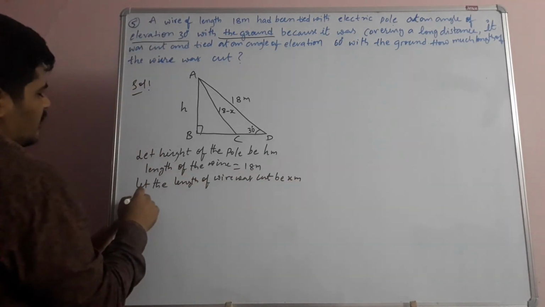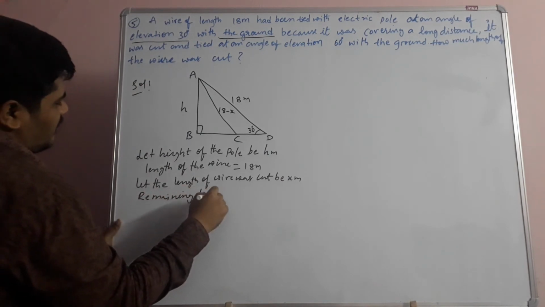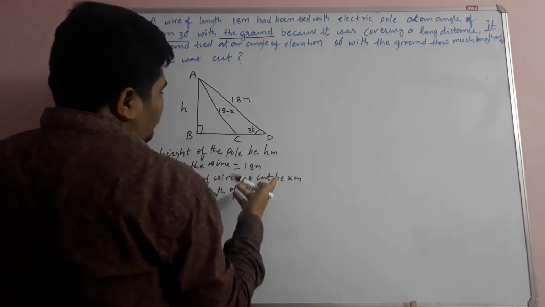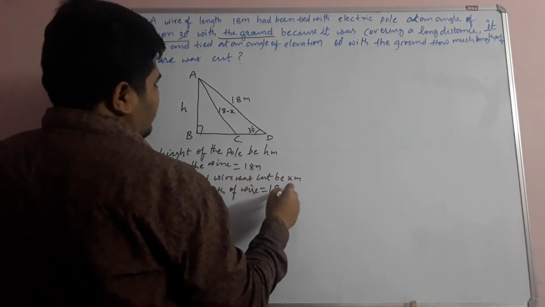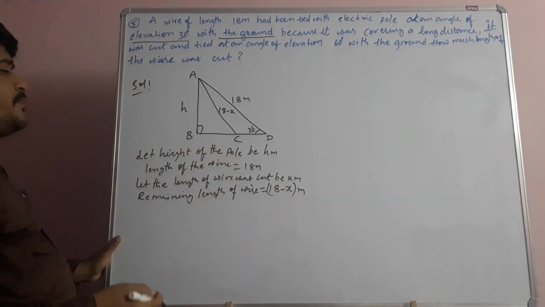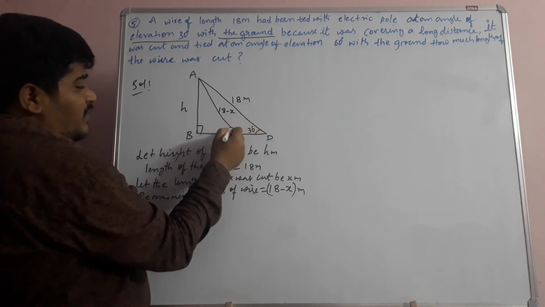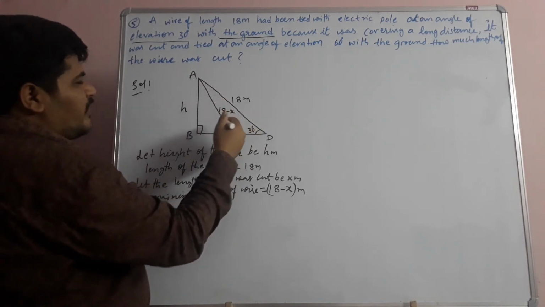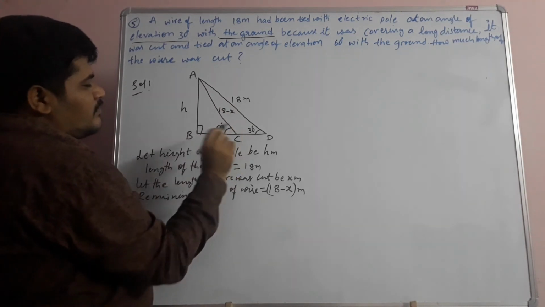So whenever they cut x meters of wire, the remaining length of wire is 18 minus x meters. Children, now come to this diagram. Whenever they are cutting, the remaining wire is making 60 degrees with the ground.